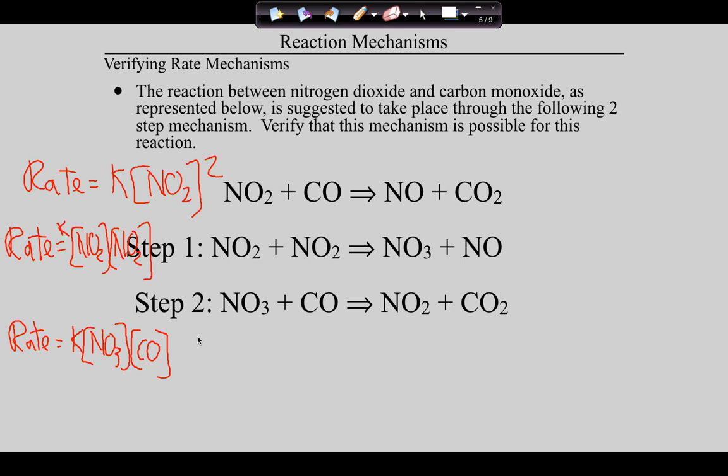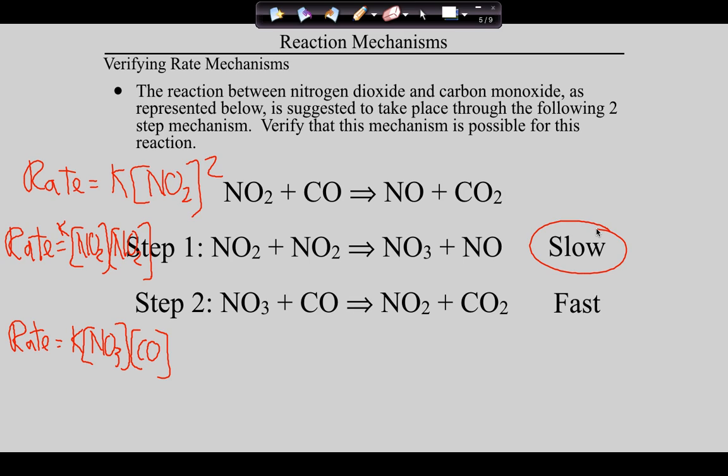What do we now need to know? Which one is slowest? And they will tell you. Quite literally, they will just write it off to the side and say fast and slow. So now here's what we know. This is our slow step. That is our rate determining step.